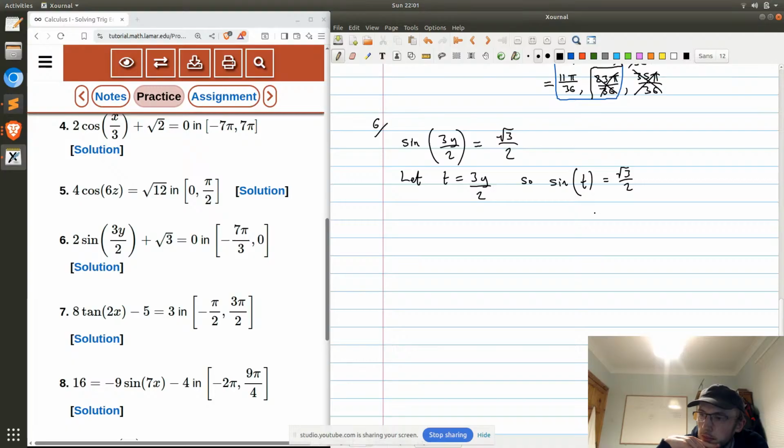Negative pi over 3. I suppose negative 2/3 of pi as well. Yeah. No, wrong.